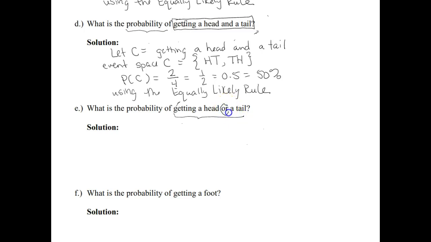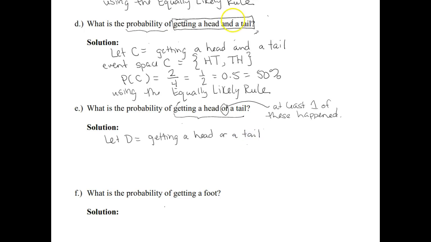All right, so part E says, what is the probability of getting a head or a tail? Okay. All right, so or means at least one of these happened. So in here, we're going to let D be the event of getting a head or a tail.